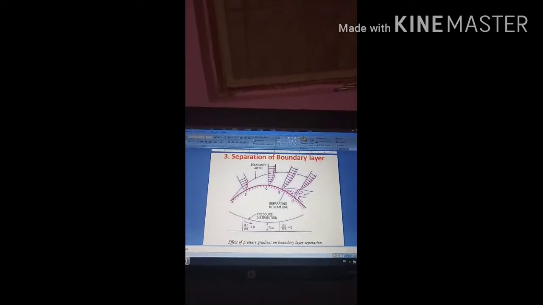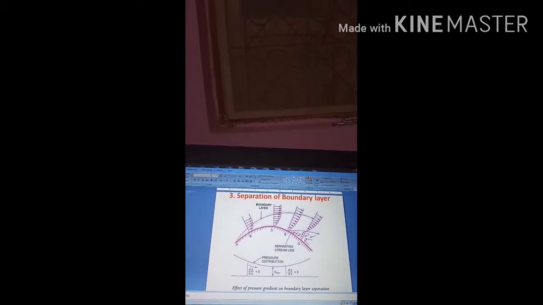As soon as you come after the point S, there is an increment in pressure gradient, or the pressure starts increasing instead of decreasing. That is because of the increasing area and decreasing velocity. So pressure starts increasing, and because of that there is a wake formation.